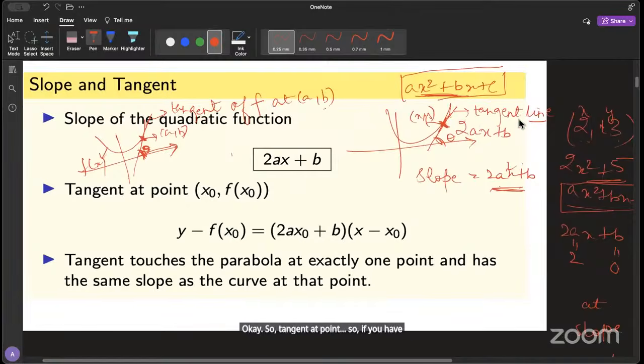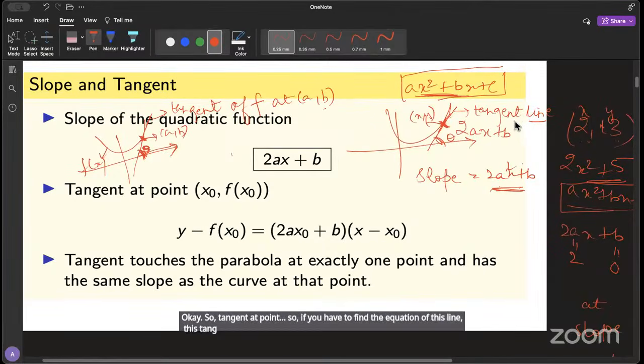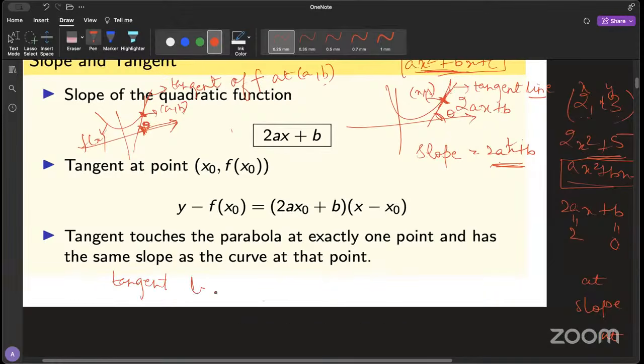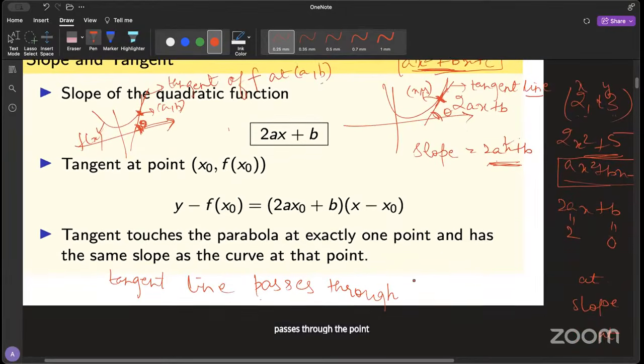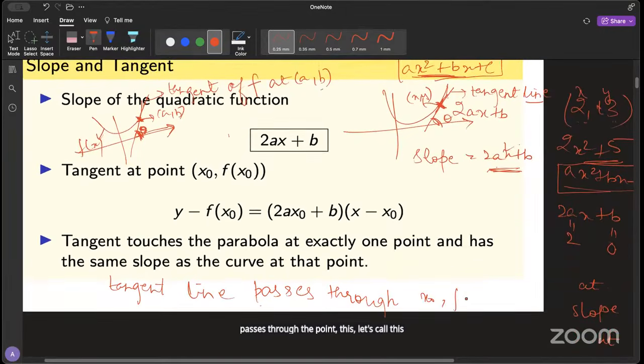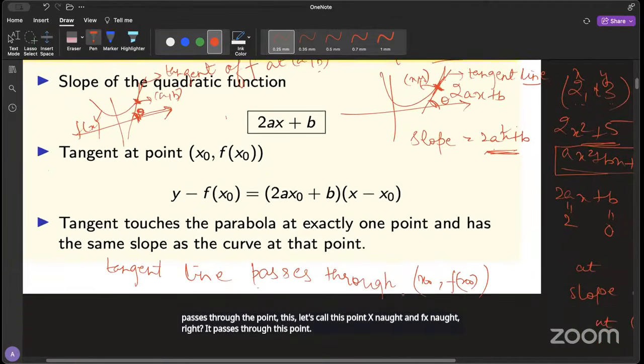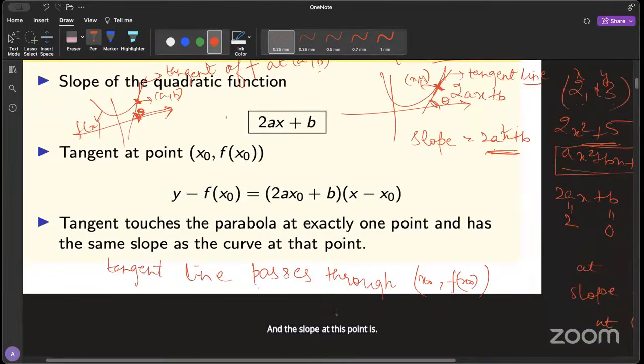So tangent at a point. If you have to find the equation of this tangent line, what's the formula? You have been given that your tangent line passes through this point. Let's call this point x naught, f of x naught, right? It passes through this point, and the slope at this point is, 2ax plus b is the general form.